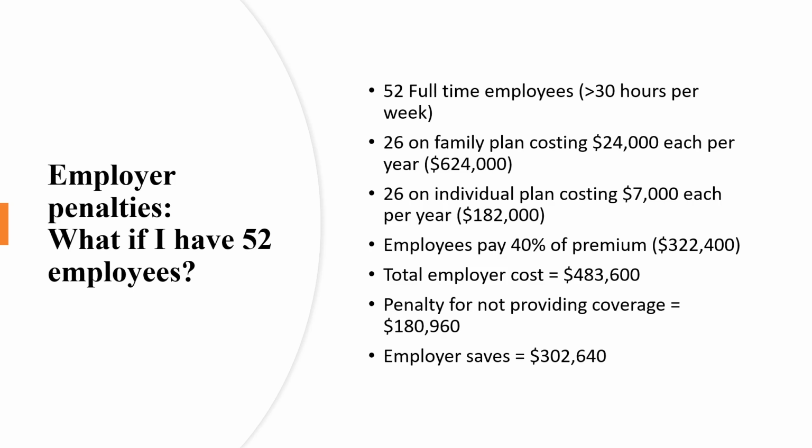And his penalty for not providing coverage would equal about $180,960. And when you look at the difference between what the cost would be and what the penalty would be, in this instance, you would see that the employer would save over $300,000.